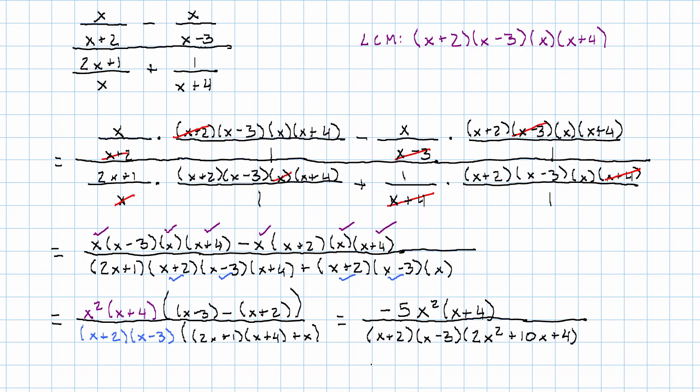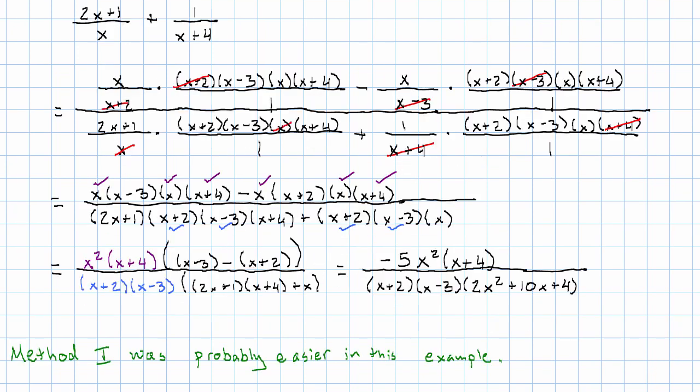In this particular example, I think method 1 was probably easier. And that's mostly because we ended up having to make kind of a weird move at this step where we had the big complicated expressions in our numerator and denominator and didn't want to multiply them all out. However, they were both kind of a pain.